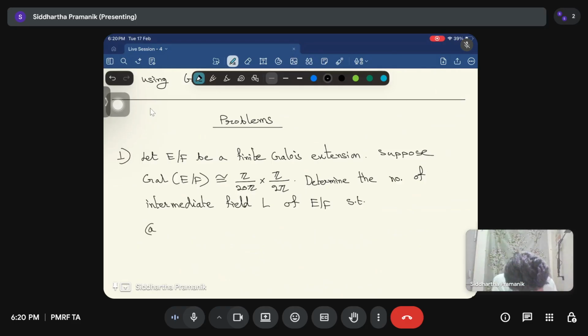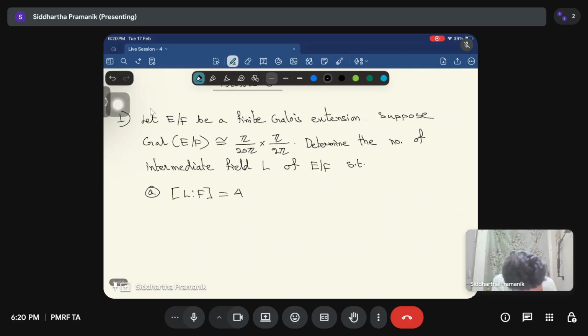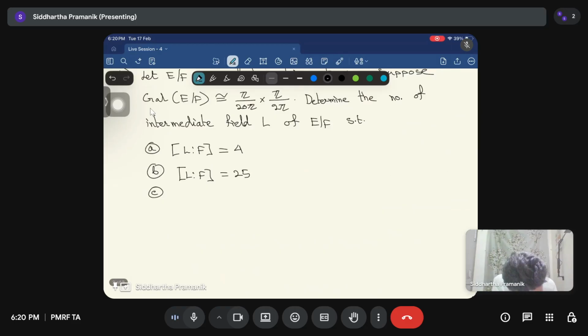The first one is the degree of L over F is 4. The second one is the degree of L over F is 25. And the third one is the Galois group of E over L is isomorphic with Z mod 5Z.